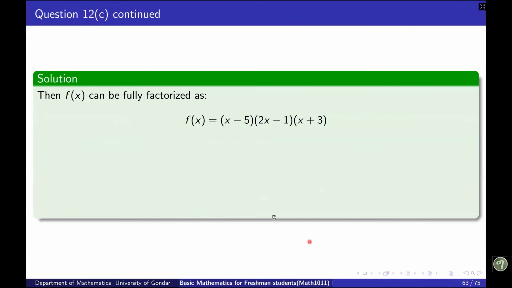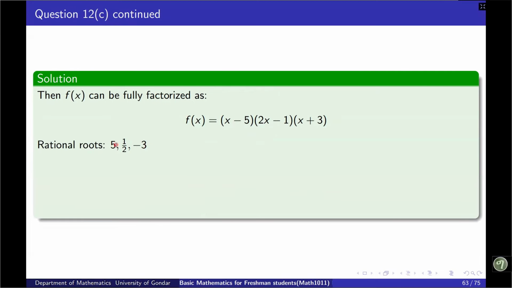Then the function f of x can be factorized as x minus 5 times 2x minus 1 times x plus 3. From the linear factors, the roots of the given polynomial function are 5, 1 over 2, and minus 3.